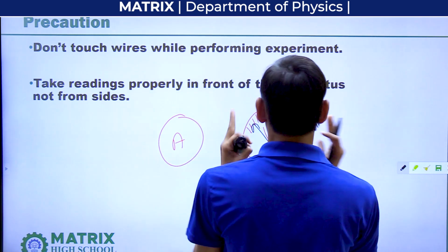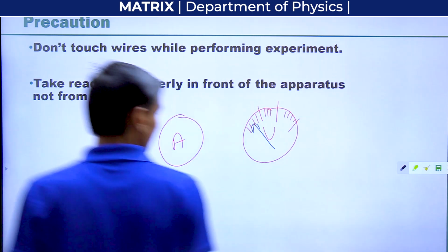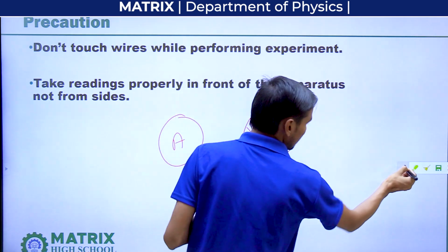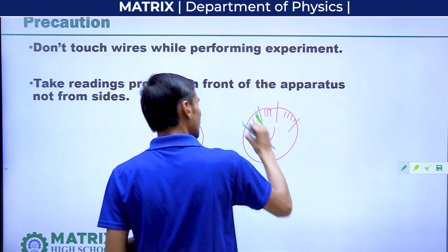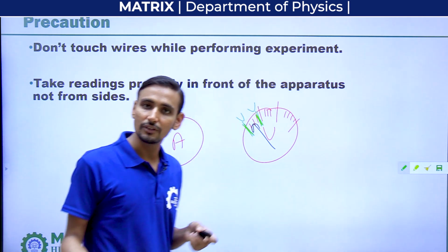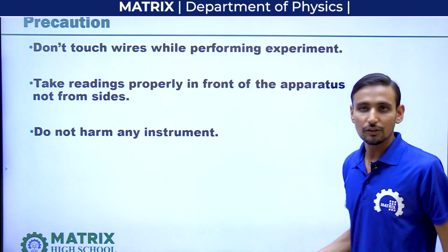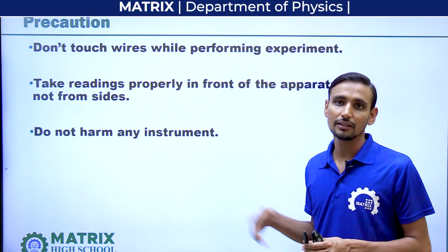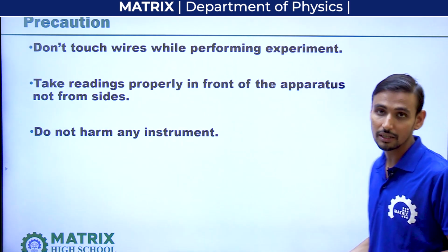You have to take from the front side, because when you take reading from the sideways, then there will be difference in reading. And if there is difference in reading, then there will be change in result. Next is, do not harm any instrument, because instruments are costly and other fellows are also using these instruments after your batch, so don't harm any instrument.